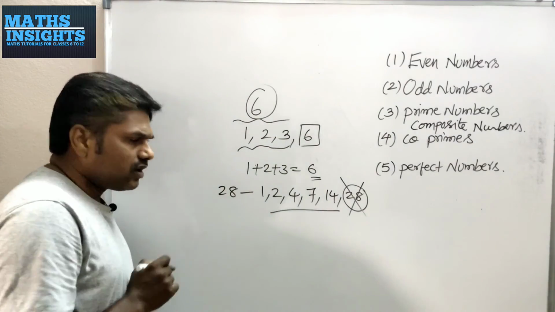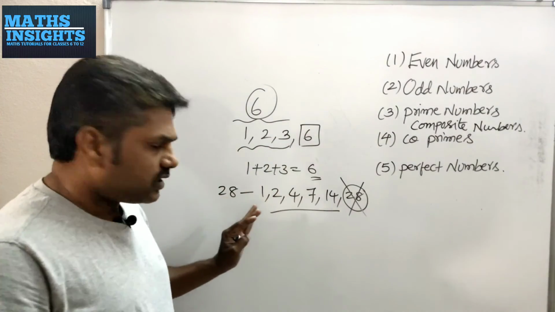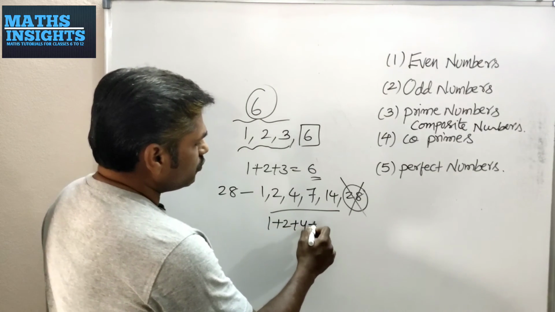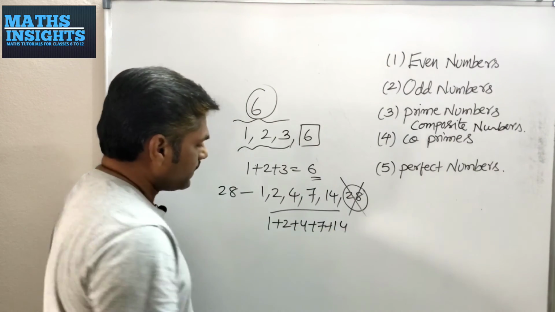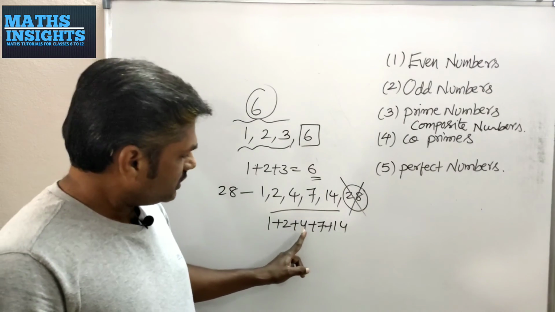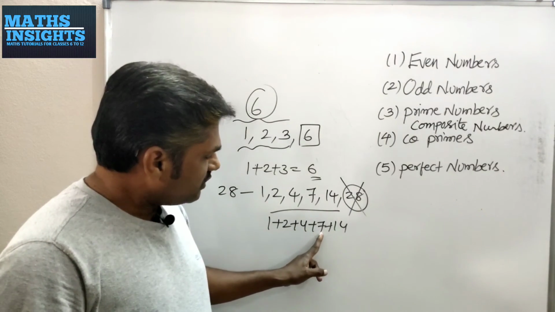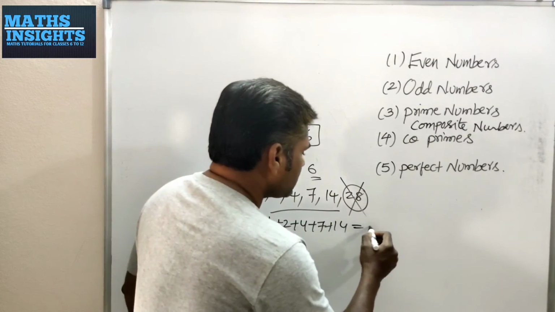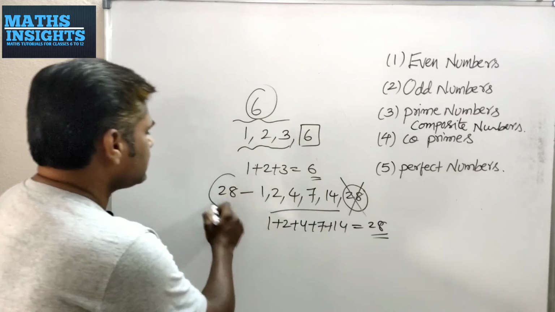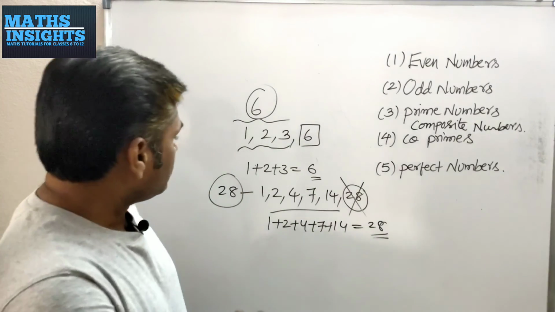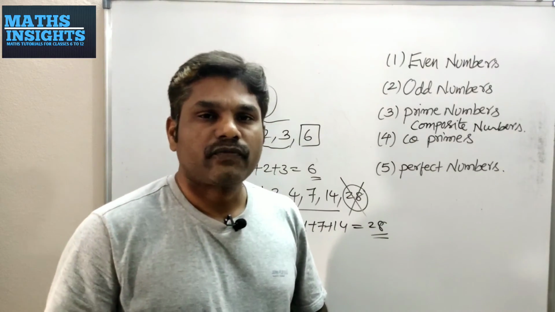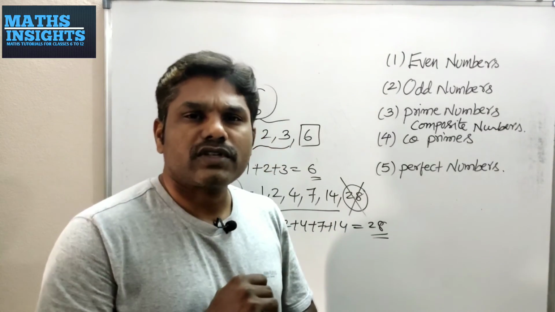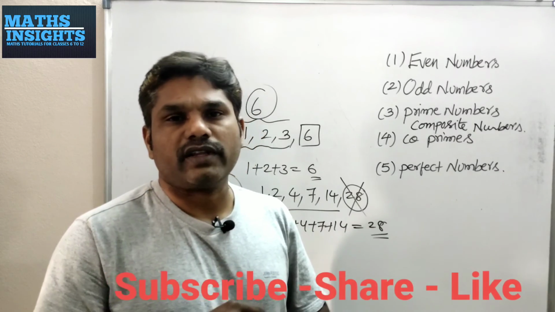Then these are called proper divisors of 28. On addition, 1 plus 2 plus 4 plus 7 plus 14. 1 plus 2 is 3, 3 plus 4 is 7, 7 plus 7 is 14, 14 plus 14 is 28. You get the original number, hence 28 is called a perfect number. These are some particular numbers having some particular property.